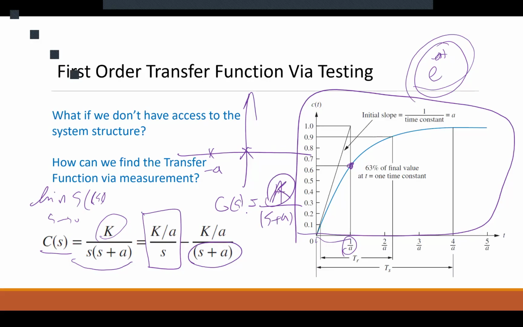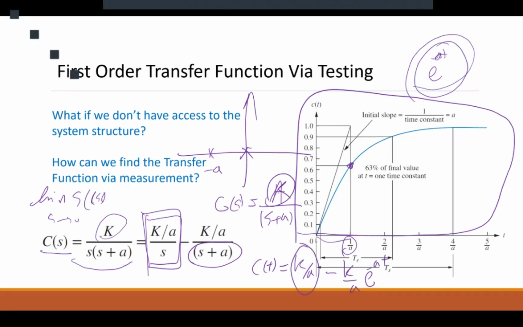Are we good? So, look at this. This is the forced response, which in C of t is going to be K over A times e to the power of minus 0, which is K over A itself. This one is minus K over A times e to the power of minus AT.